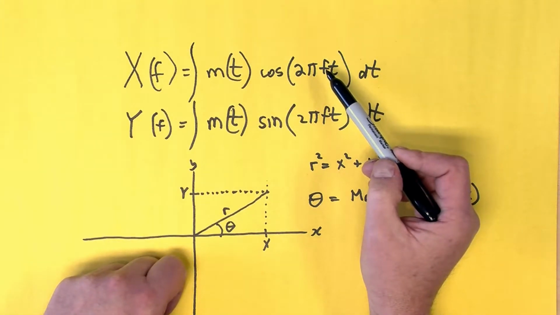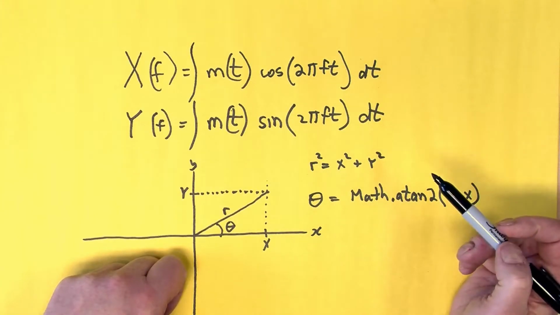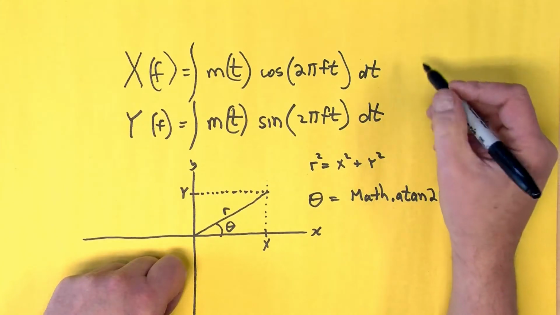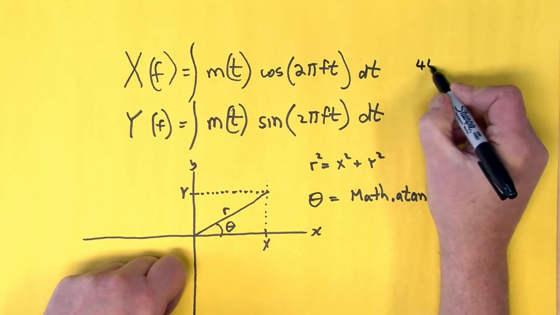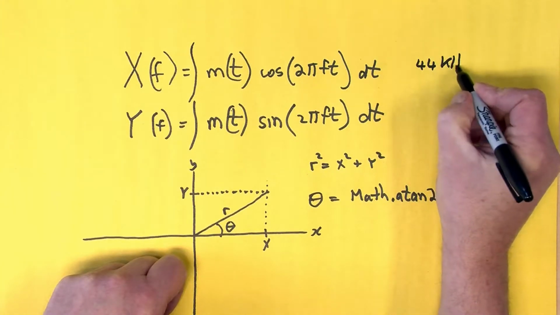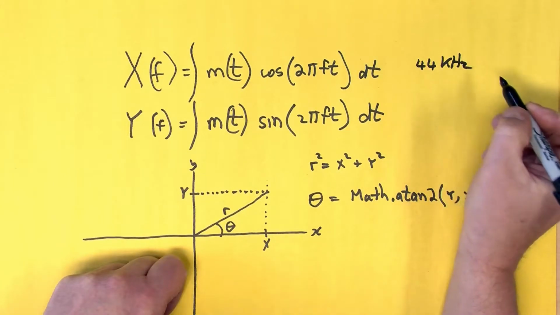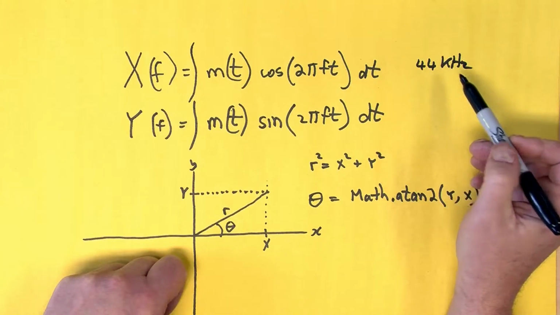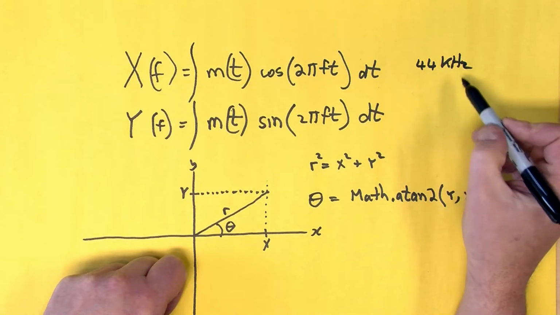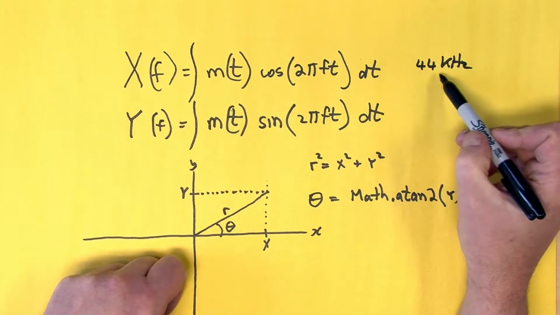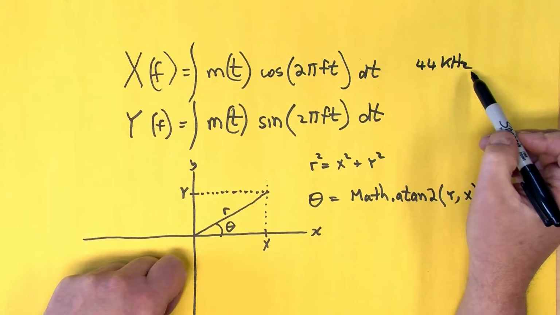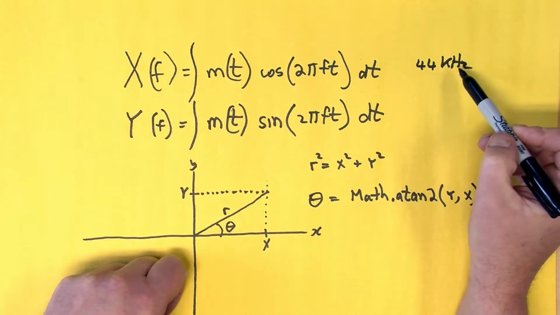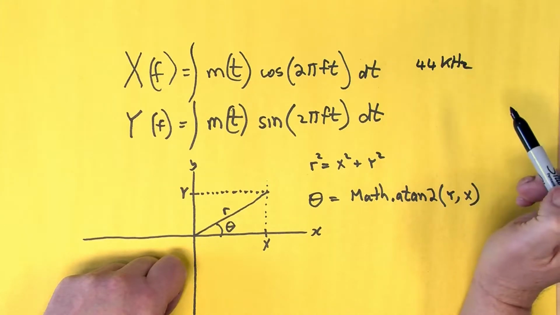Well, usually on a CD, you get a sampling rate of about 44 kilohertz or kilosamples per second. And the reason that was chosen is half of that is 22 kilosamples per second, or in the case of audio, 22 kilohertz.